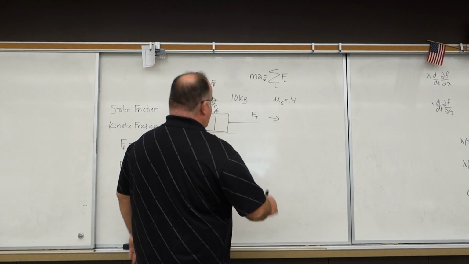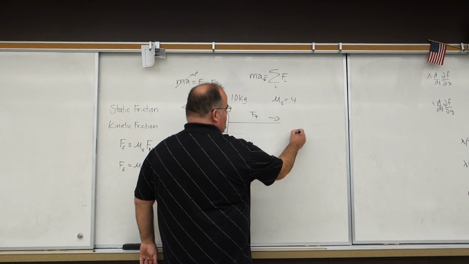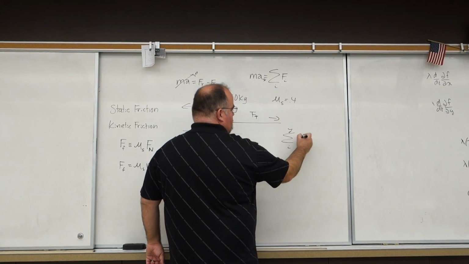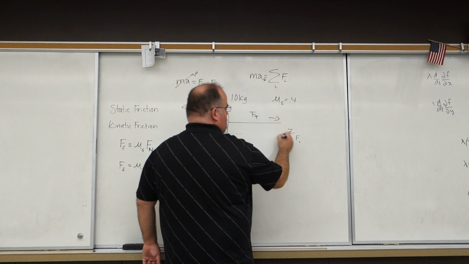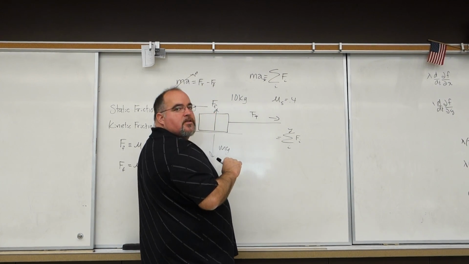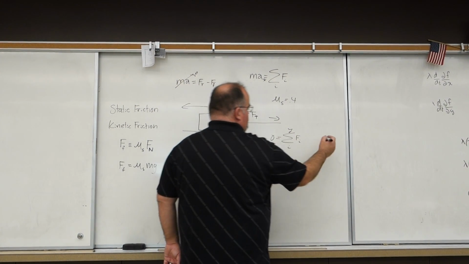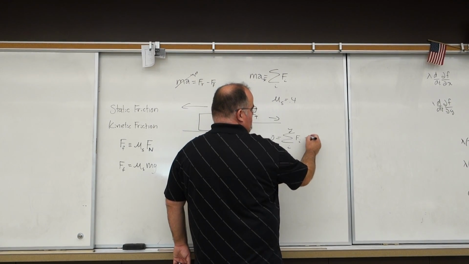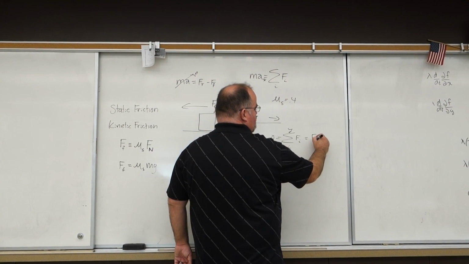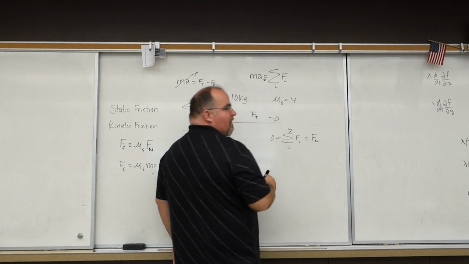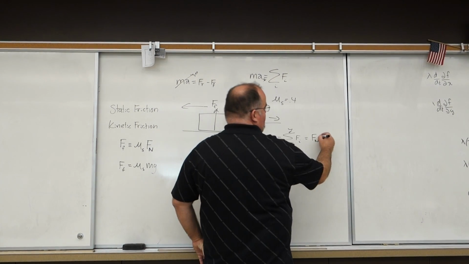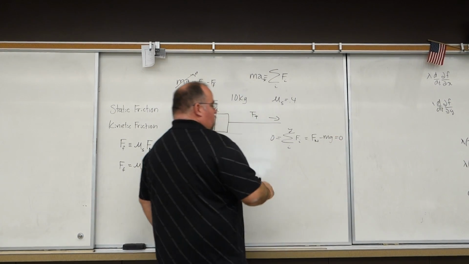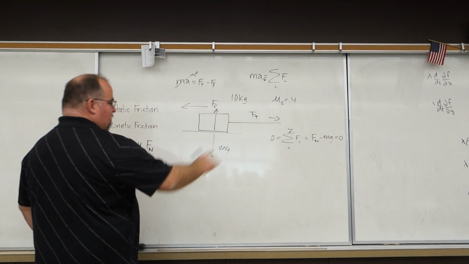Let's look at the sum of the forces in the y first. Is it accelerating in the y? No. Okay, what force is pointing up? The normal force. What force is pointing down? Gravity, so N minus mg equals 0. So then the normal force equals mg.